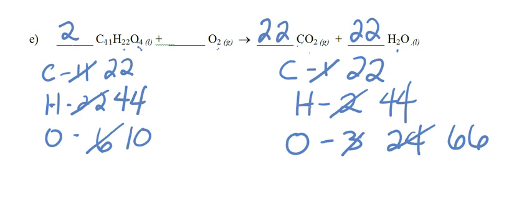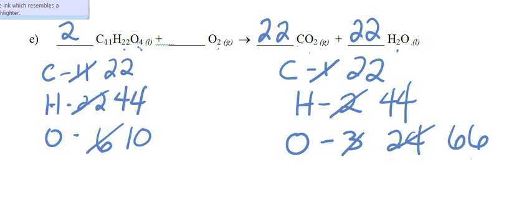Now I need to make sure I have the same number of oxygen on both sides. All right. Now, what we don't want to do is just divide that by 2 and get 33, because there's a trap. There's some oxygen in the first compound. So you don't want to just automatically divide that by 2 and put your value in.